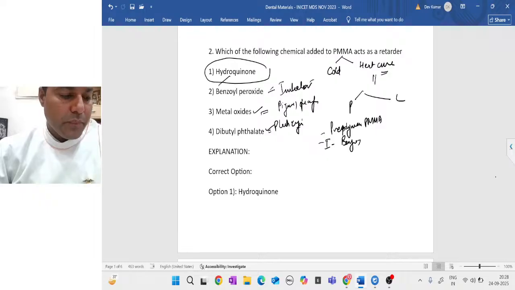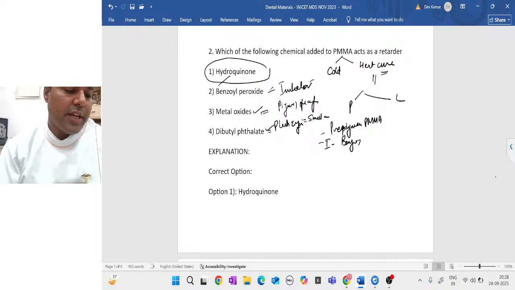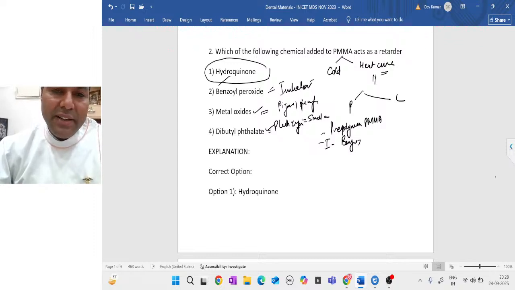Right? So plasticizer, remember this, we put in small amounts, right? So the cold cure and the heat cure mainly differ in the type of initiator and the activator used to start the polymerization. I have told you about the heat cure: the initiator is benzoyl peroxide, and the activator is heat.